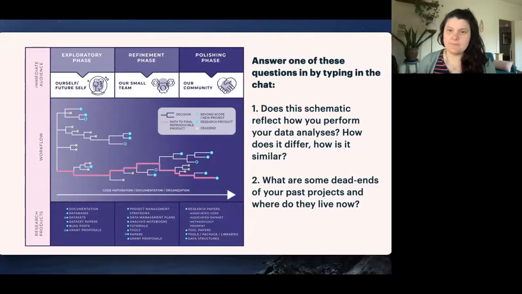We'll give a second. Maybe a dead end is that your research question was not interesting, and therefore it's not valuable to the community.